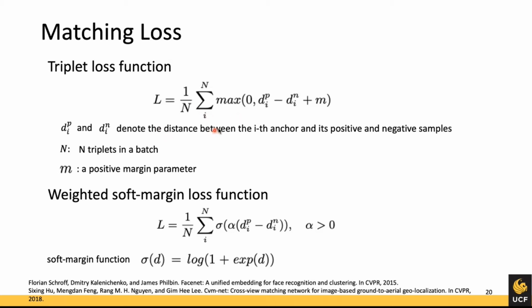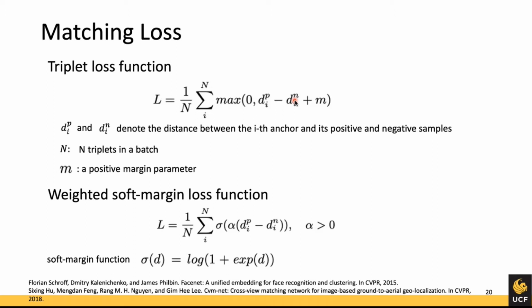This d_ip indicates the distance between the anchor and its positive. The anchor is considered the query, and this d_in indicates the distance between the negative sample and the query. The idea is that we want the distance of the positive pair to be much smaller as compared to the distance of the negative pair, right?